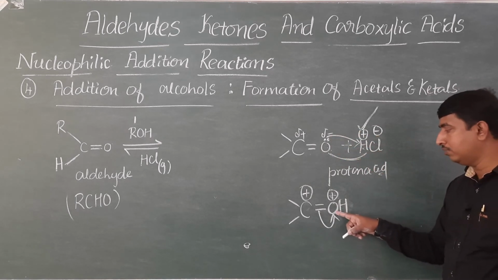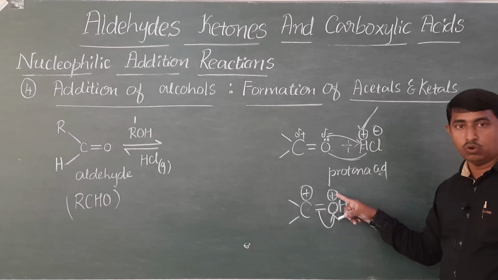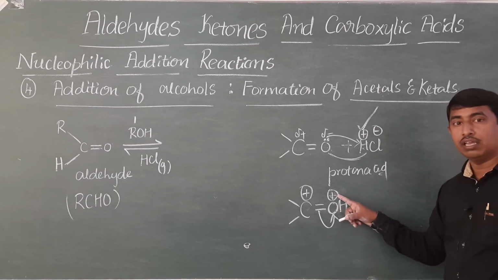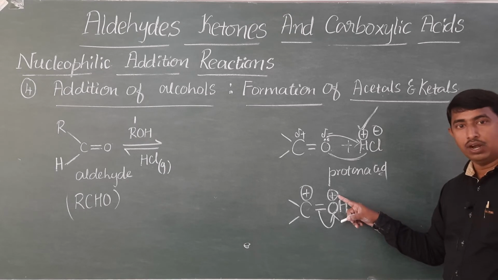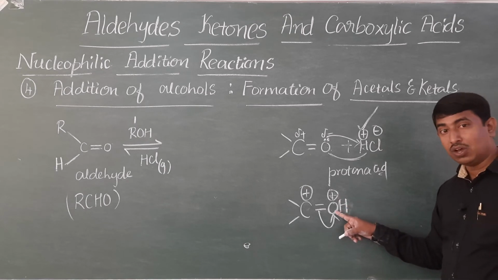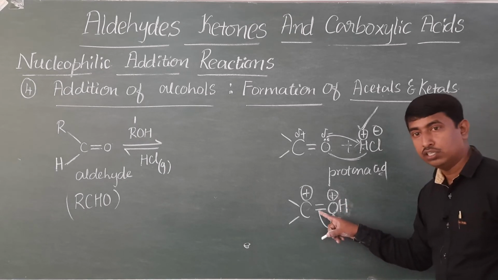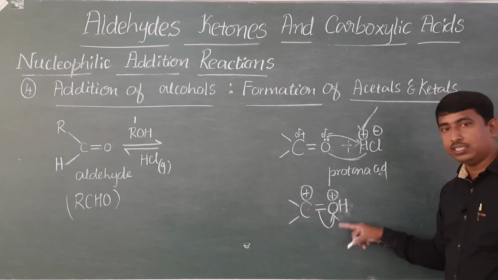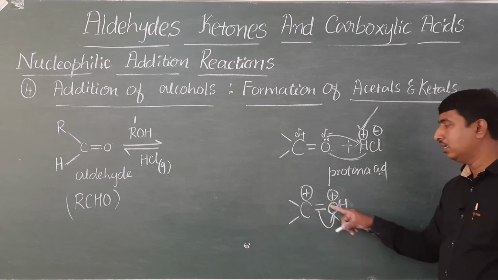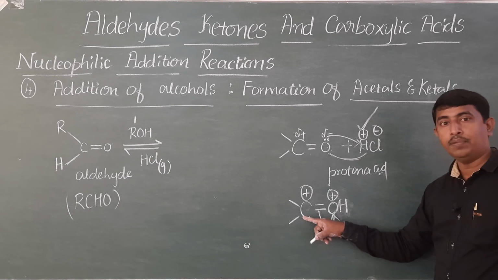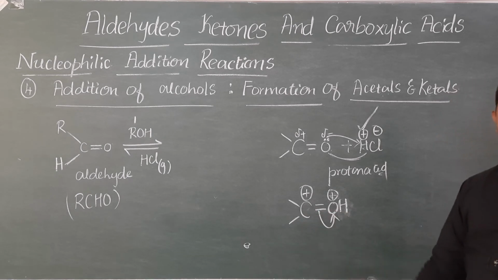As a result, it becomes OH plus. Since there is a positive charge upon oxygen, this oxygen readily attracts the shared pair of electrons towards itself. As a result, electrophilicity upon carbon increases, and nucleophilic attack takes place at a faster rate.